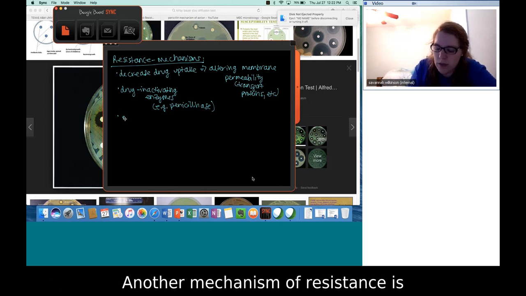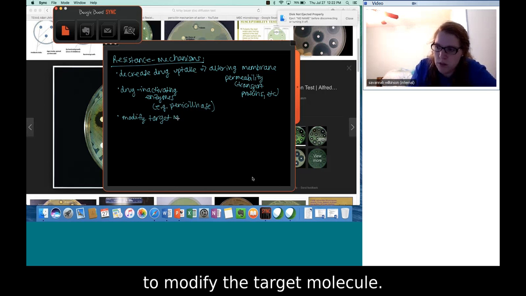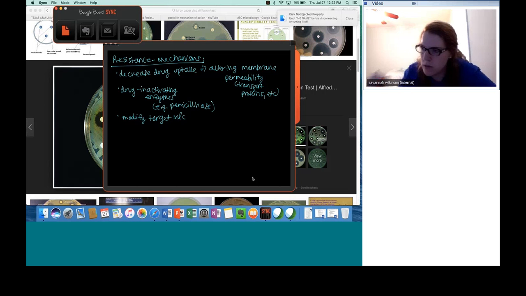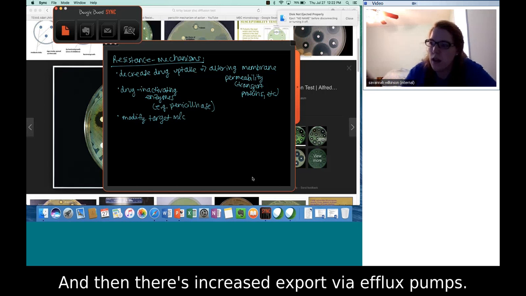Another mechanism of resistance is to modify the target molecule. And then there's increased export via efflux pumps.